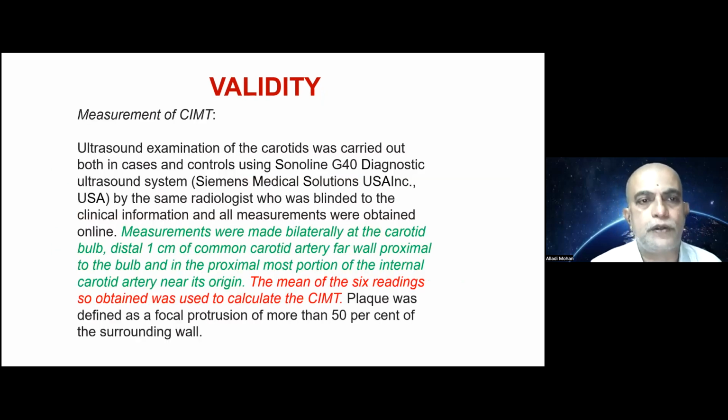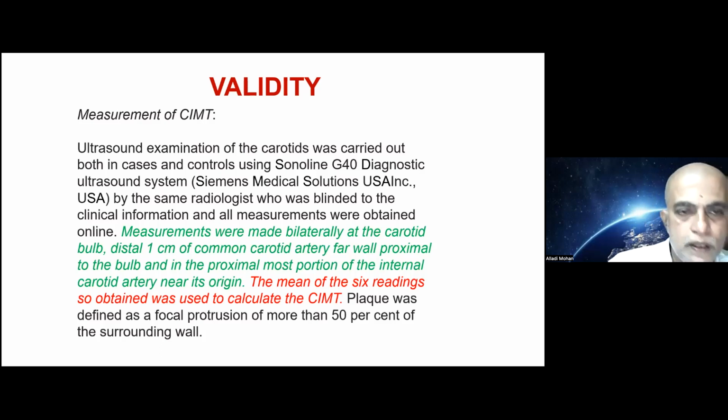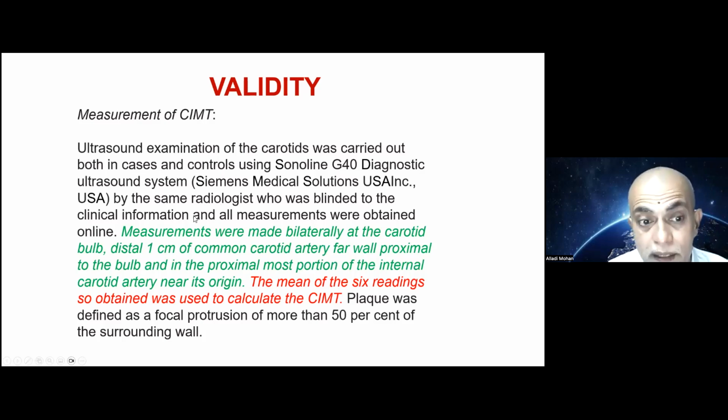So the first issue was, what will constitute the method of assessing CIMT? So the same method is used both in cases and controls, using the same machine by the same radiologist who was blinded to the clinical information. Good. Blinded evaluation, standardized measurements, and use by a single operator will minimize bias.